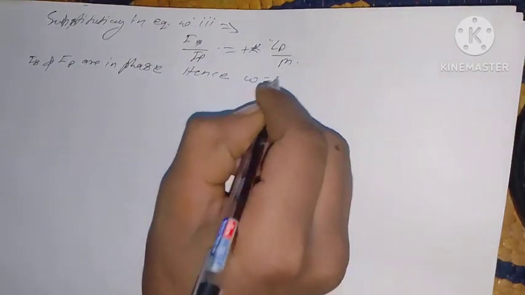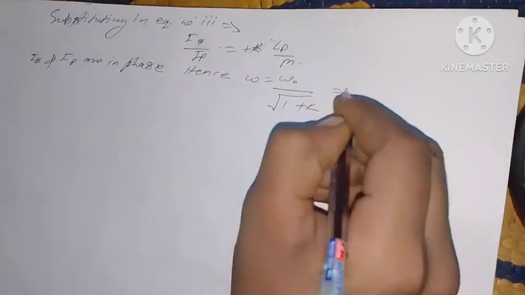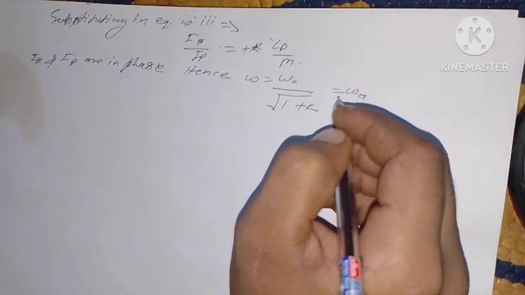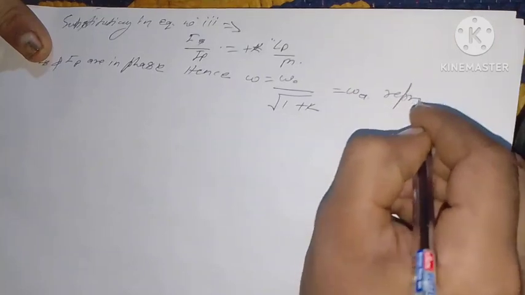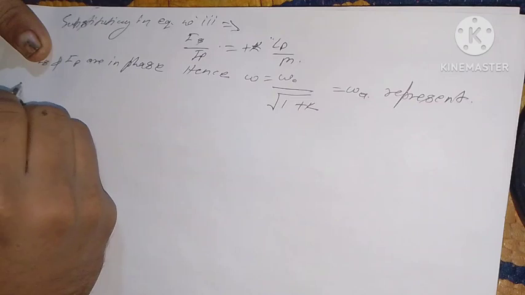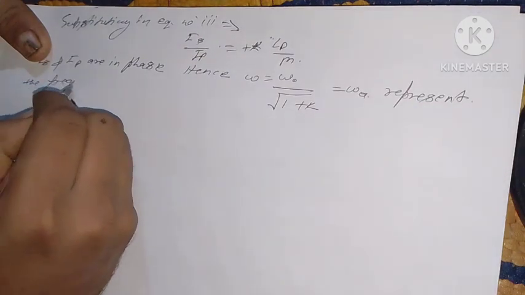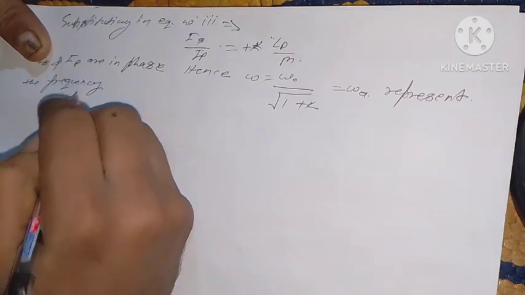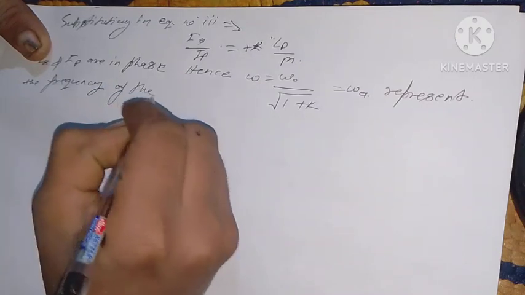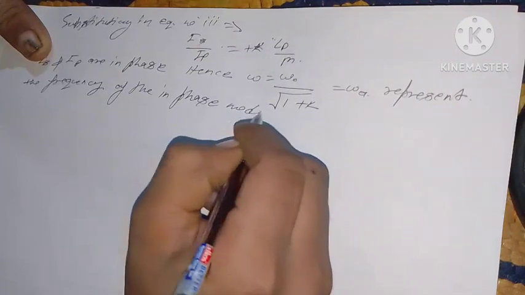Hence omega equal to omega naught upon under root of 1 plus K equal to omega A represents the frequency of the in phase mode.